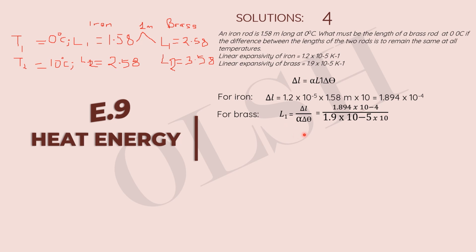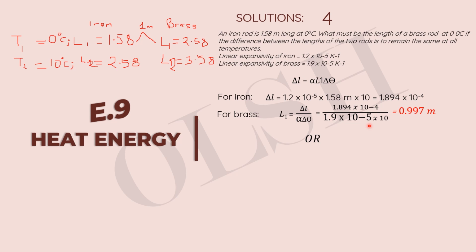So we put in our parameters. Change in length 1.894 times 10 raised by minus 4 from what we got here. Then we have alpha, which is the linear expansivity of brass. Then we multiply it by 10, which is the change in temperature which we presumed or assumed. So we'll get our final answer to be 0.997 meters.